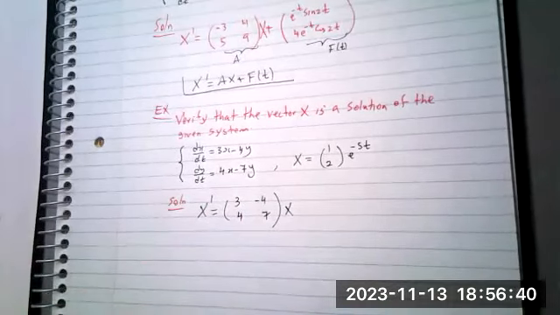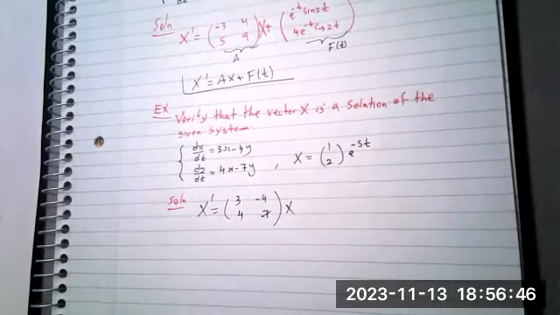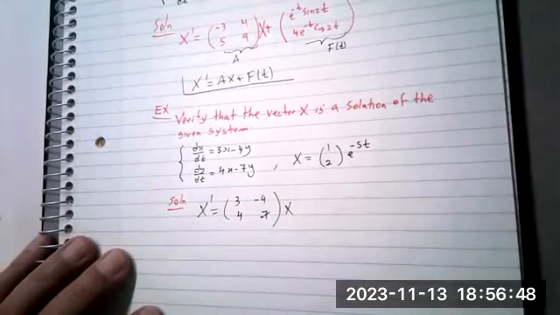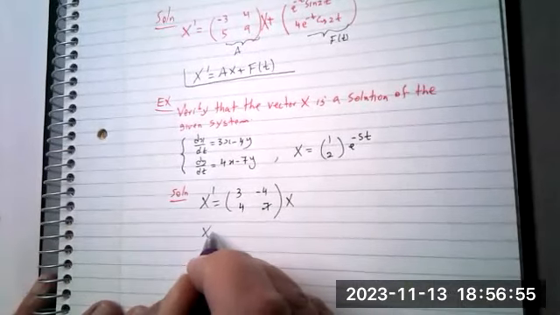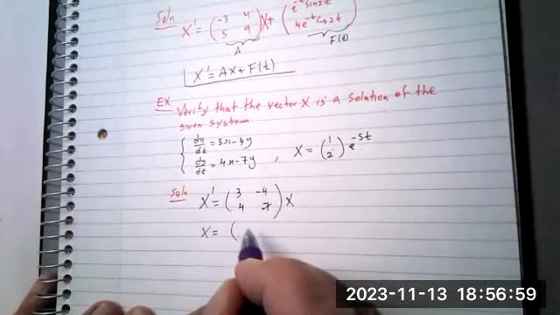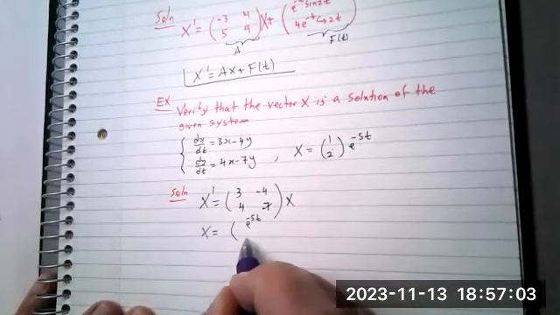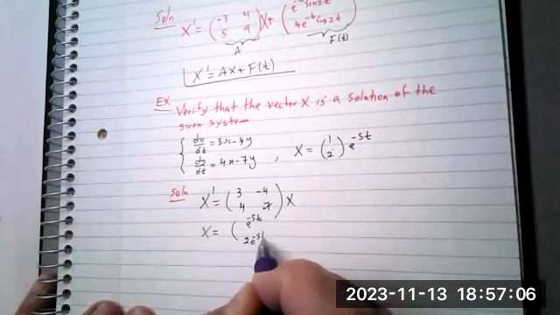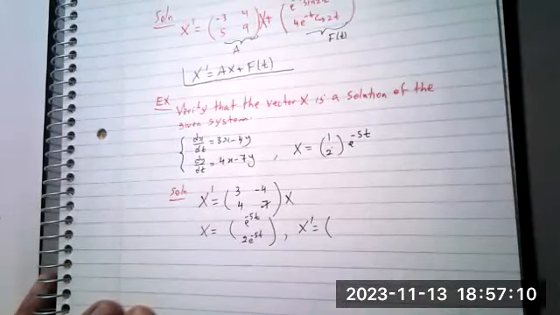So you need to find x prime. You better multiply e to the negative 5t inside, then differentiate it. So x equals e to the negative 5t, then 2e to the negative 5t. Now differentiate it, you get x prime.